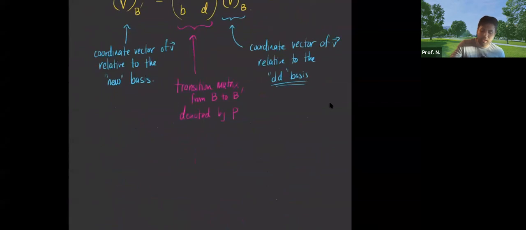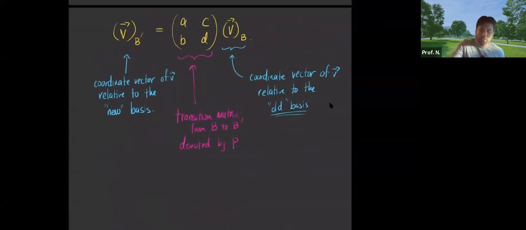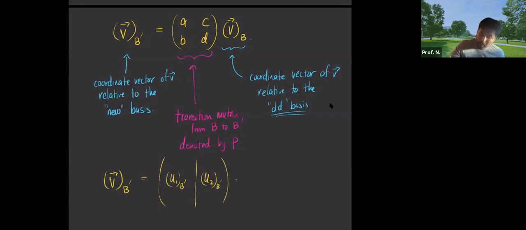So if you want to create a transition matrix from the old basis to a new basis, the way you do that is by getting columns of vectors where each column is the coordinate vector relative to the new basis. So let me just rewrite that. So this is V relative to B prime is equal to the old basis in terms of the new, multiplied by V relative to the old basis.